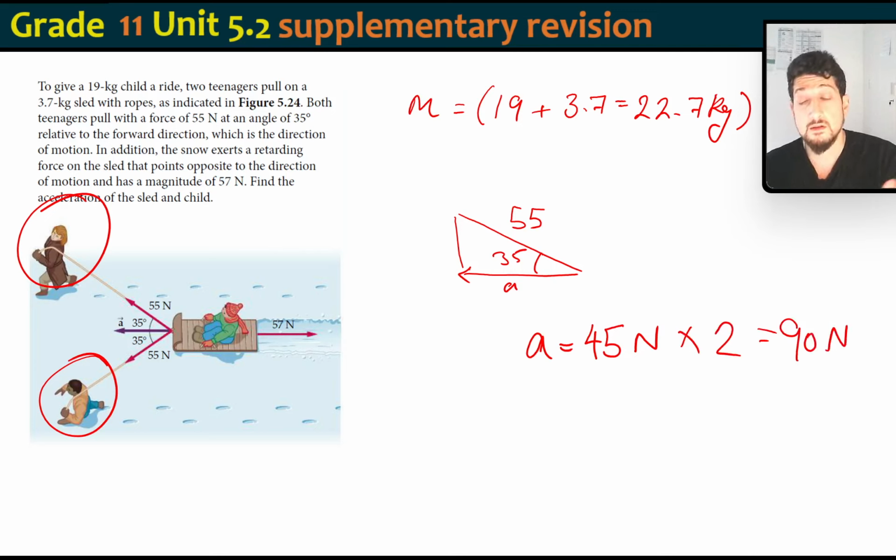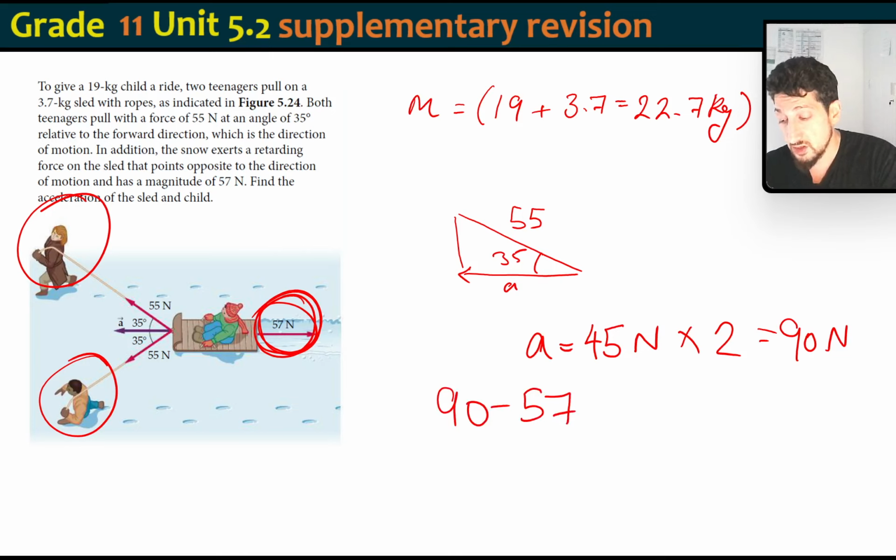Are we done? No, of course not. We have a pullback of 57 newtons. That means the snow is slowing it down by a magnitude of 57. So it's going to be 90 minus 57 to work out the overall net force, which equals 33 newtons. So the overall force acting on the child with the sled is 33 newtons this way.